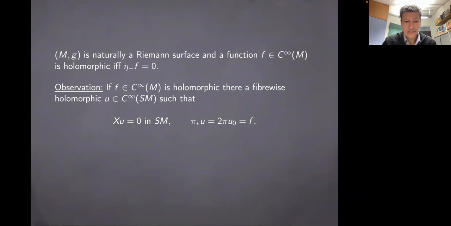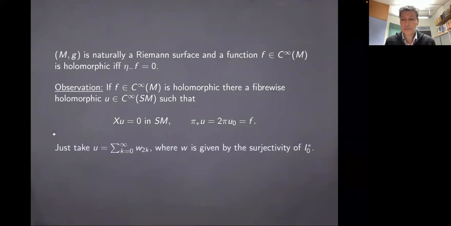The Pestov-Uhlmann result will give you just a first integral, and all that you have to do is essentially pick, let's say, the even positive Fourier modes of that, and you can check that this would be a first integral, simply because if you began with a zero Fourier mode being killed by eta minus, then you can check from the mapping properties of X that I told you before that X of u, if you just take the positive Fourier modes, will be equal to 0.